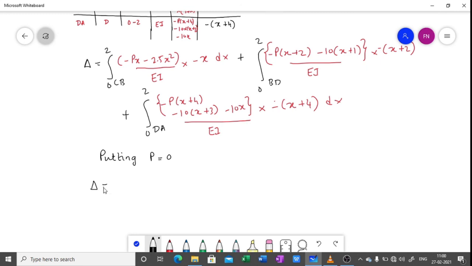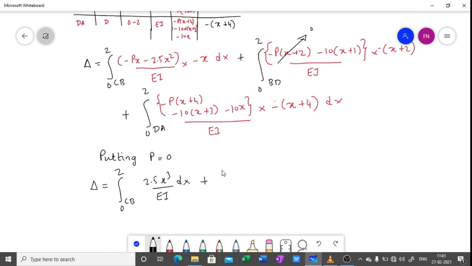Putting P equal to 0, delta will be, just simplifying the equation, 0 to 2, this is CB, it will be plus 2.5 x cube by EI dx, plus this entire portion will be 0.